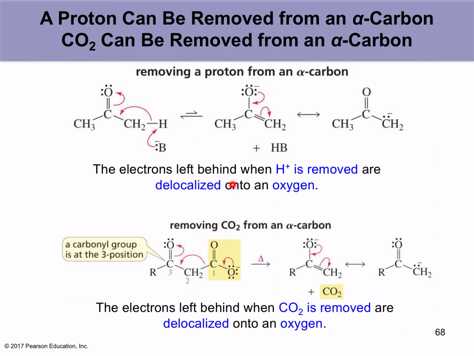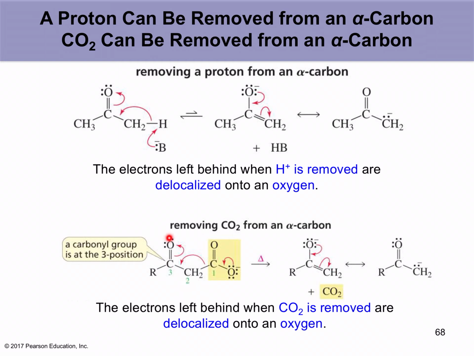The electrons left behind when H plus is removed are delocalized onto an oxygen. Same thing we can do removing carbon dioxide from an alpha carbon. Now remember, an alpha carbon is a carbon next to a carbonyl group.